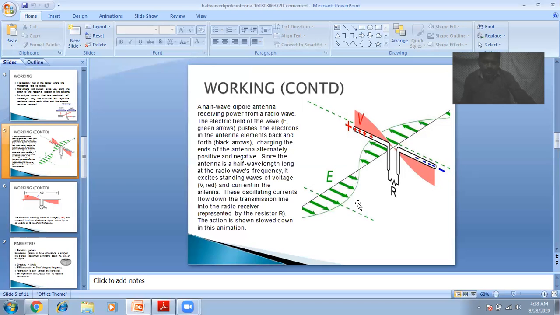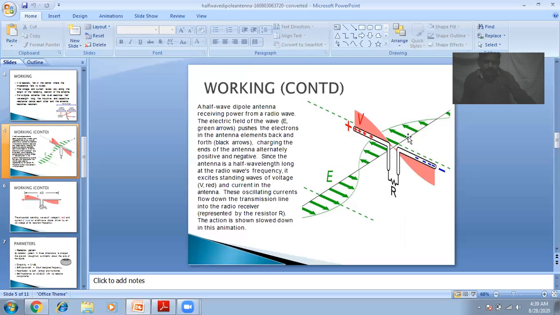This force will move the charges in this direction, but this force will move the charges in the opposite direction. So in this way, along the length of the antenna, the charges are moving back and forth due to the electric field. Since there is back and forth motion of the charges, automatically this is acting as a radiator.